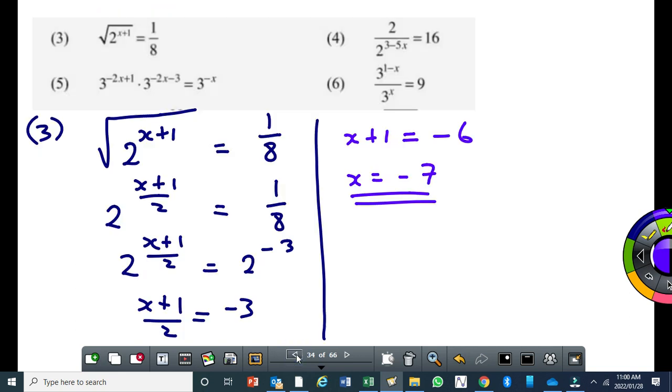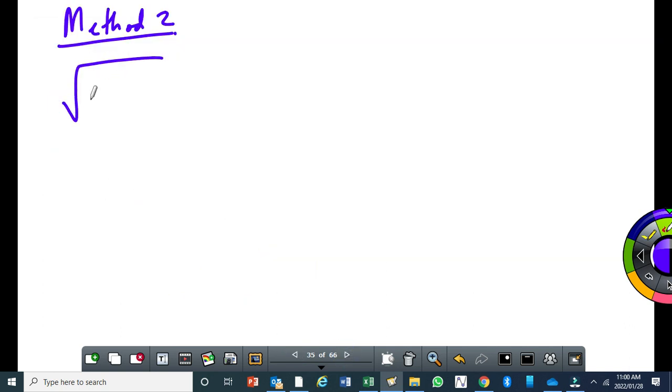So method 2. We have the square root of 2 to the power of x plus 1 equal to 1 over 8. Now, another way would be to remove the square root sign or the radical sign on the left-hand side. So we square both sides.